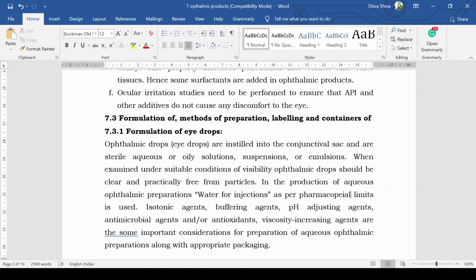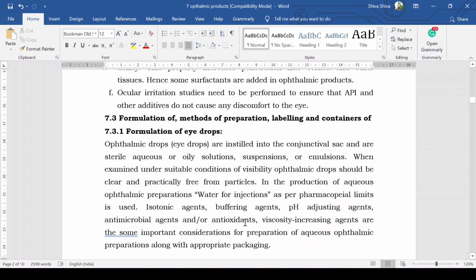Then antimicrobial agent. Antimicrobial agents are basically added to prevent the growth of microorganisms inside the eye solution or eye drops. Then antioxidants. Then viscosity increasing agents. Viscosity increasing agents are again, as we have discussed, added for increasing the viscosity so that the preparation will remain in contact with the eye surface for more time.